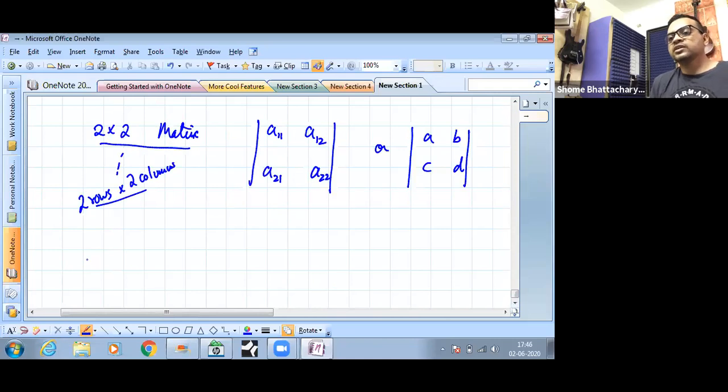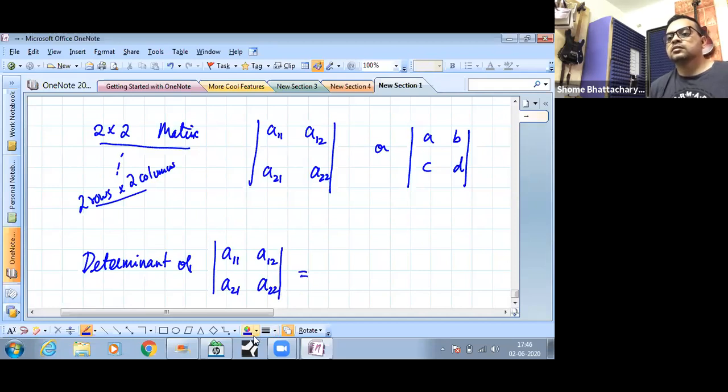Okay. Now the determinant of this matrix is given by this operation. It is given by the product of these 2 numbers, let's say diagonal 1, and the product of these 2 numbers, diagonal 2.